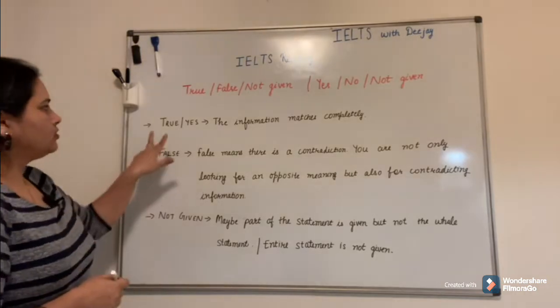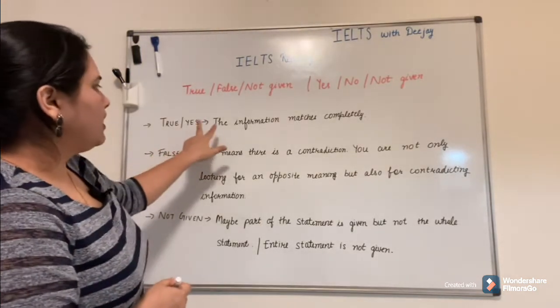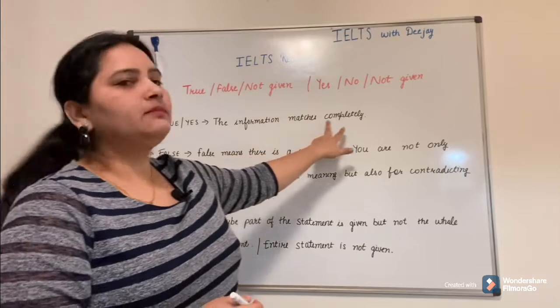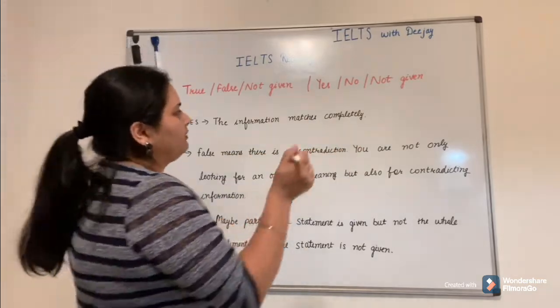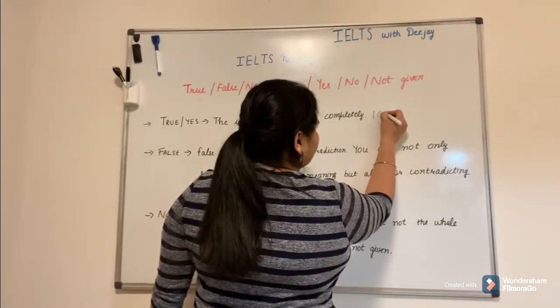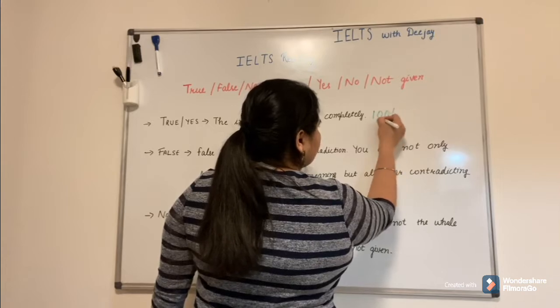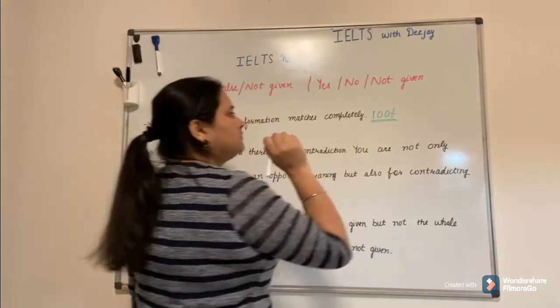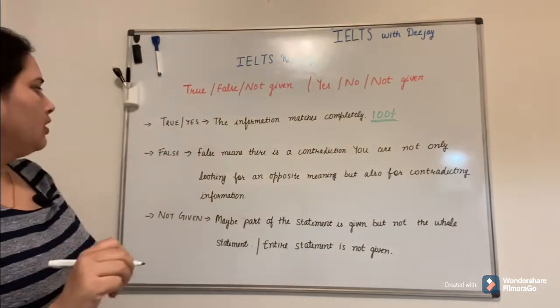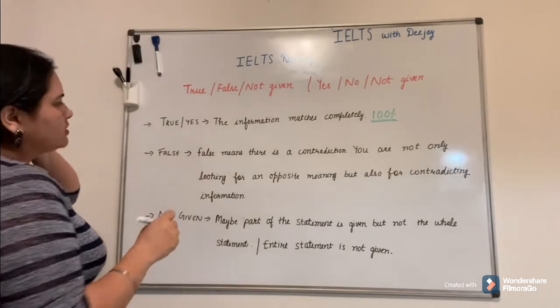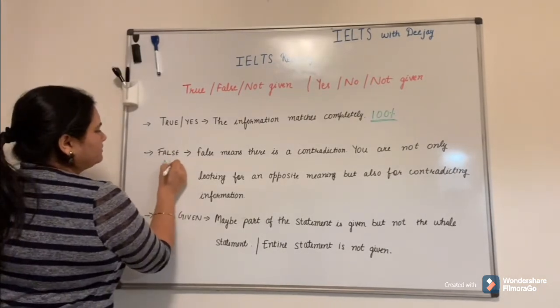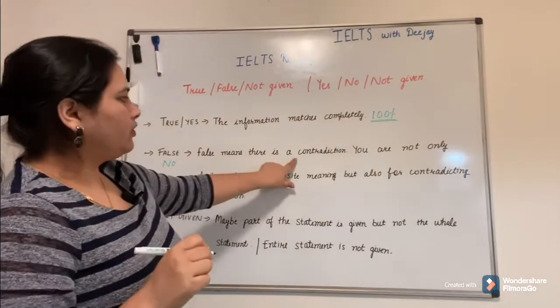Now, true or yes means the information matches completely, that I told, it will match 100%. Complete information, the meaning would match. Okay. False or no means there is a contradiction.